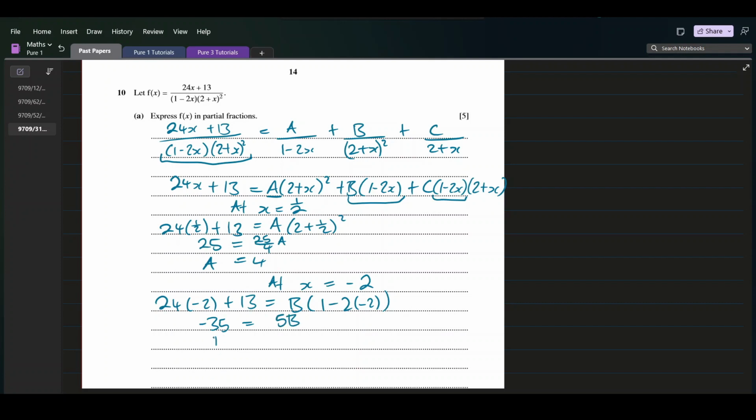Divide both sides by 5, so you get B is equal to negative 7.